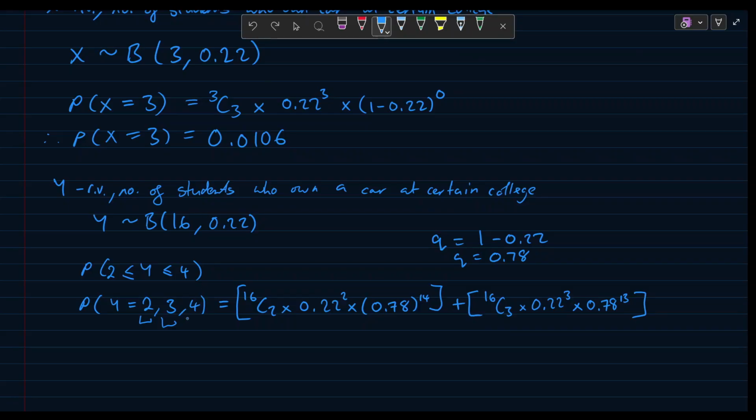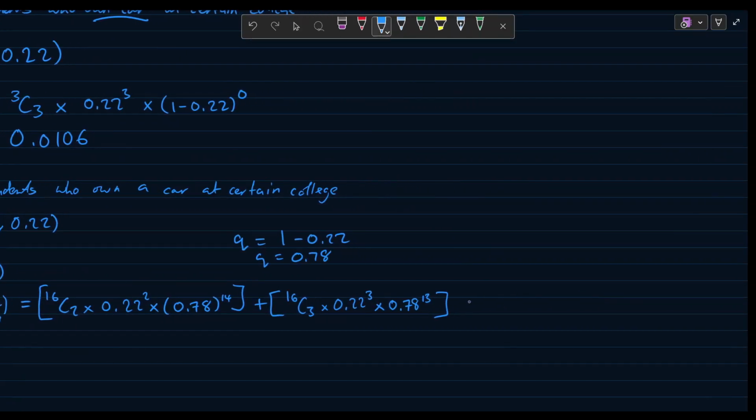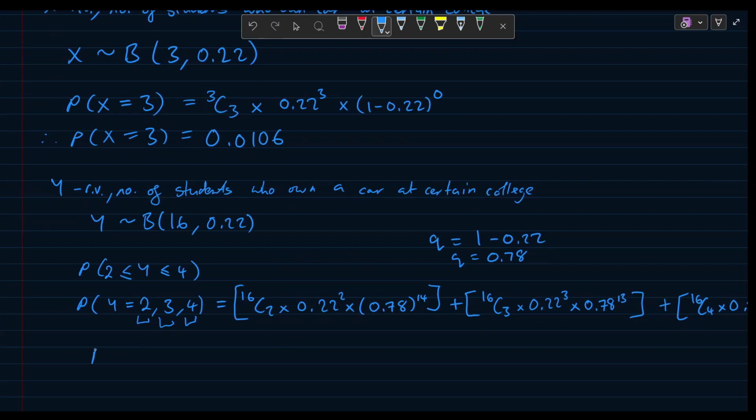And now let's move on to the probability that y is 4. So this becomes plus 16 choose 4 times 0.22 to the power 4 times 0.78 to the power 16 minus 4, that's 12. This is the probability that y is equal to 2, 3, and 4.